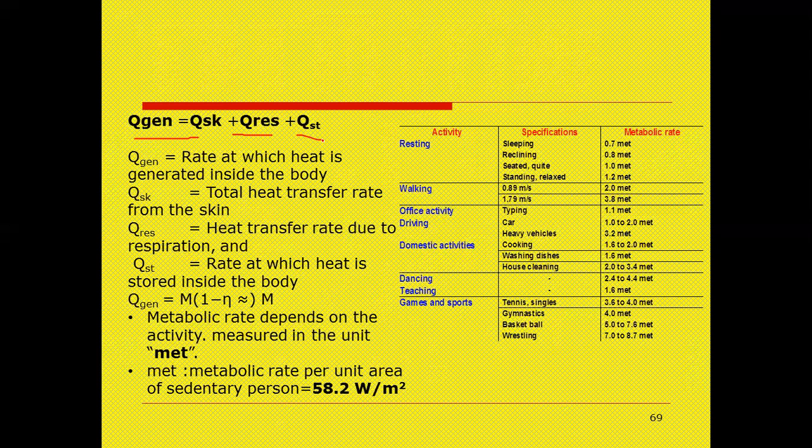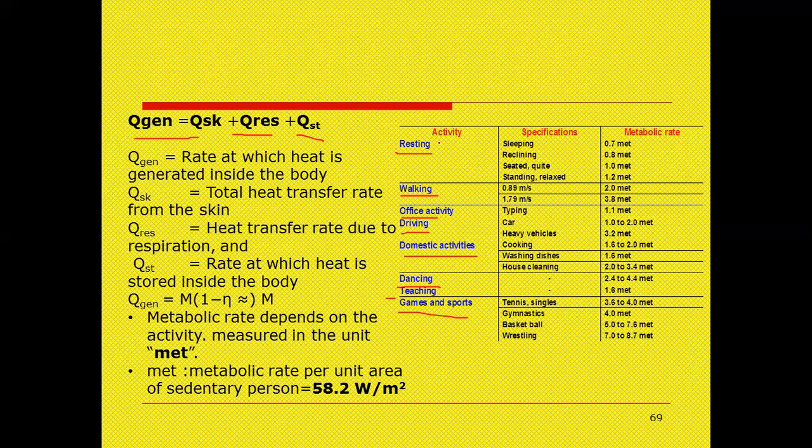Now, based on the activity we are doing in an air conditioned room, we'll see the specification and metabolism rate. The activities include resting, walking, office activity, driving a car, domestic activities, dancing, teaching, games and sports.